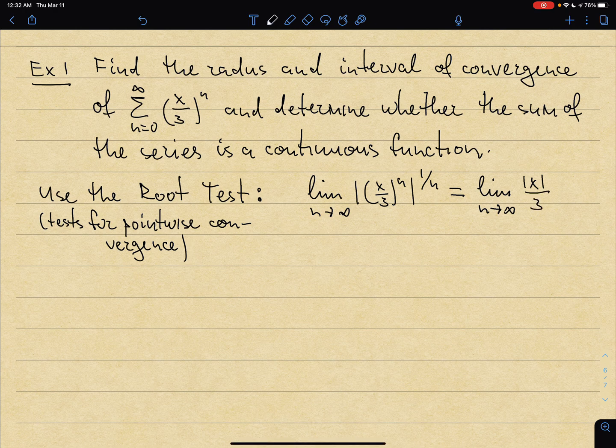So then the series converges as long as this is less than 1. And so therefore, if absolute value of x is less than 3, if I multiply both sides by 3, the series converges pointwise.